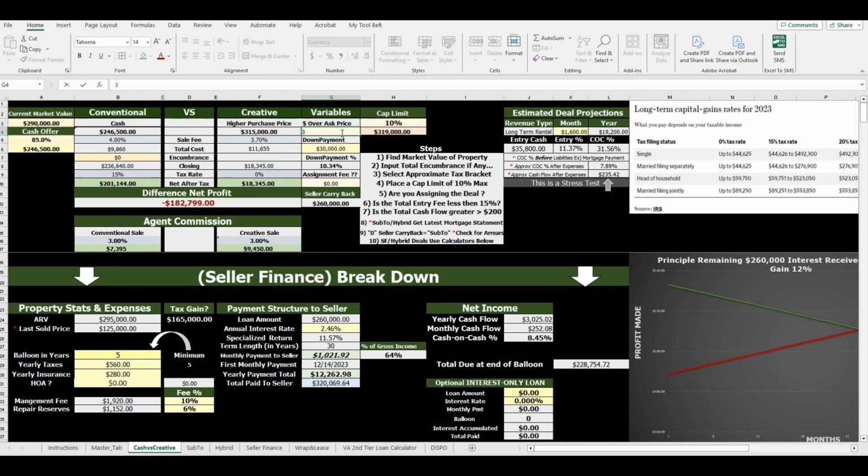Let's go $30,000 over. So in this case, the agent commission would be $9,600 for simply presenting a created deal to the seller. They are going to walk away with nearly $3,000 more than a cash or conventional offer at 85% of the total market value.